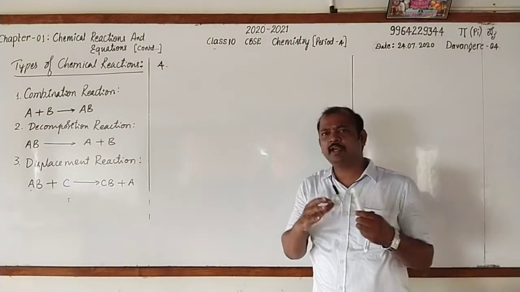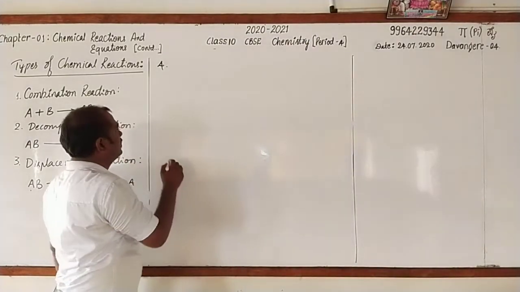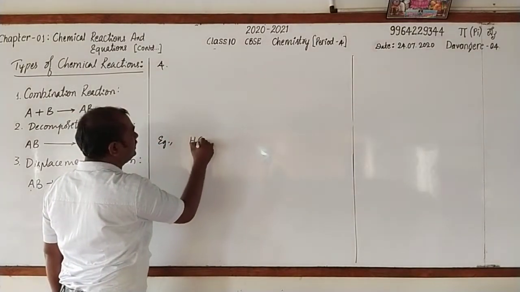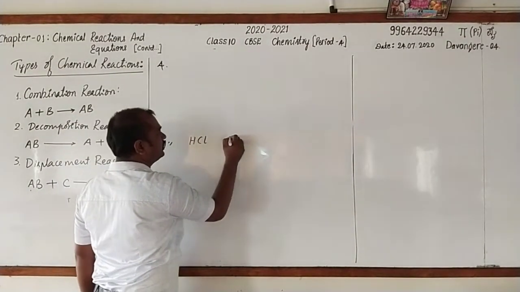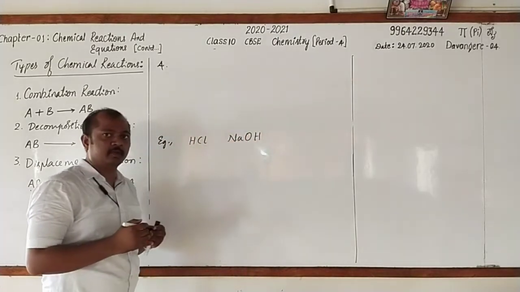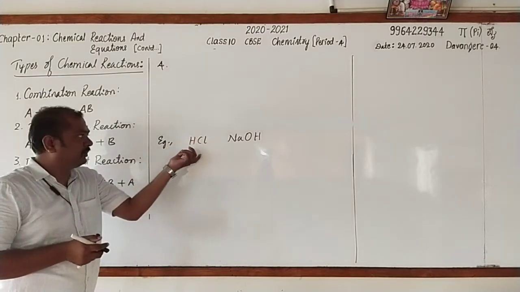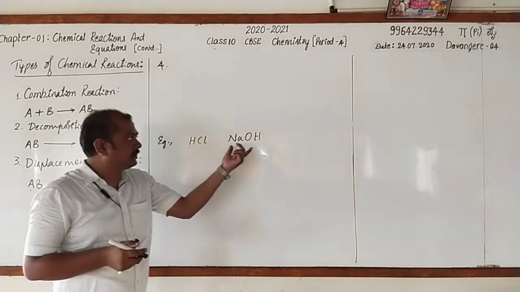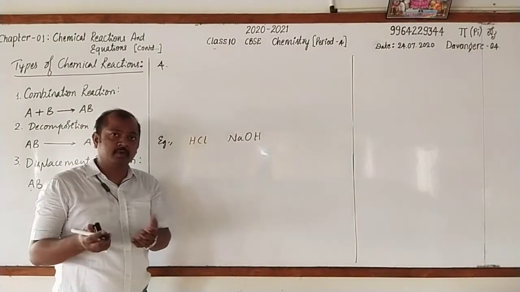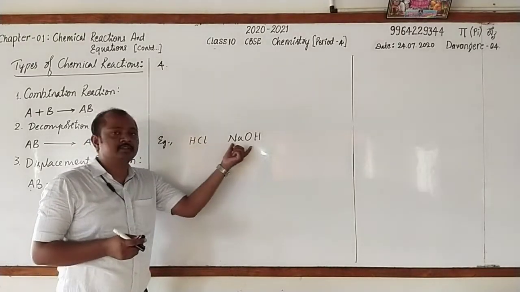In this, again I am going to take simple examples which you have learnt in your previous classes. Here I will write HCl and another one is NaOH. Just by observing these, you can tell that one is hydrochloric acid and the second one is sodium hydroxide. And you have also learnt in 7th standard that this is acid and this is base.